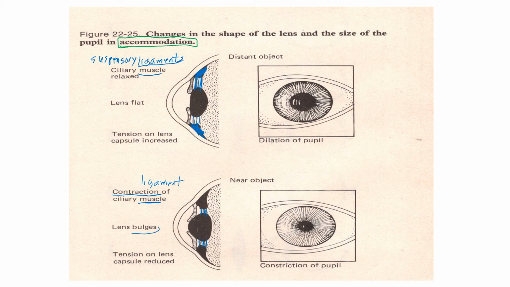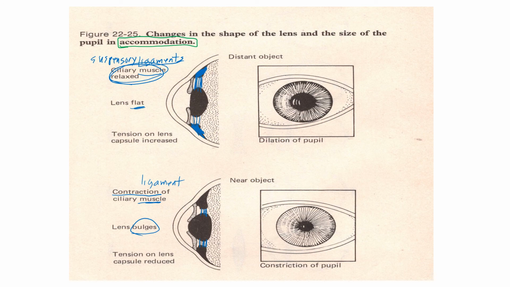And if it's looser, there's less tension on the lens and it takes more of its shape. Notice it actually describes it as bulging some. It takes more of its natural or ovoid shape, is what I was taught. But we said with the muscle up here relaxed, ligaments tense, the lens flattens out.